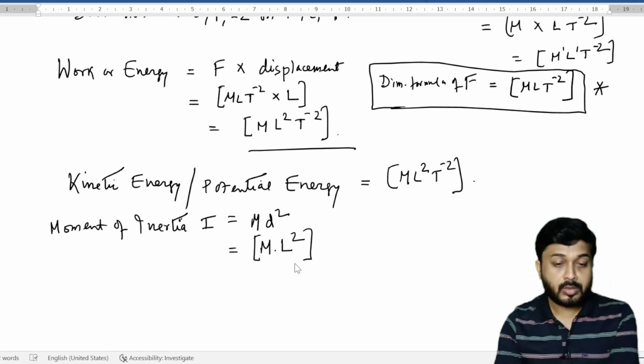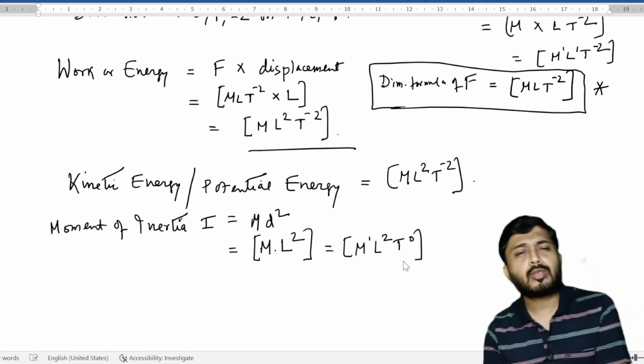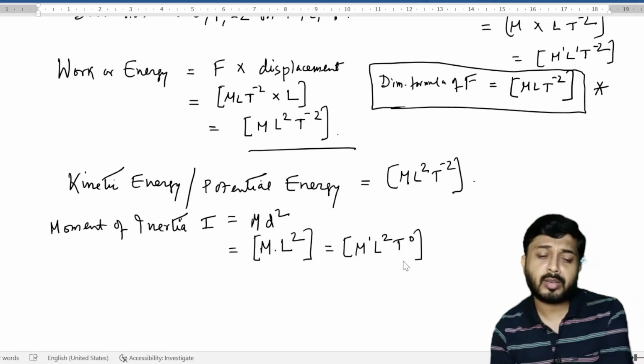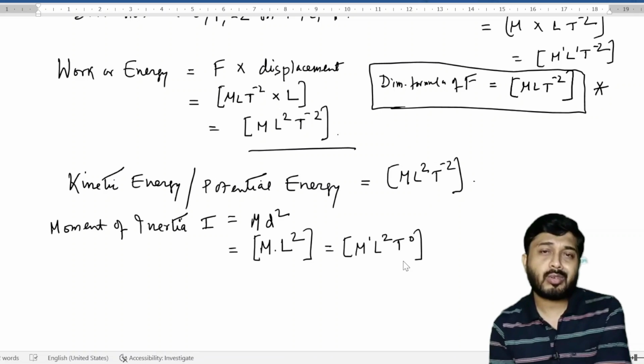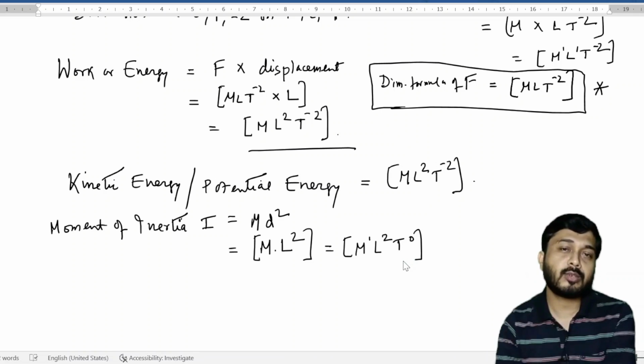Is it right? So you can simply write M to the power 1, L to the power 2, T to the power 0. Because I told you, if you want, you may write all these three fundamental quantities: mass, length and time. If time is not included in the dimensional formula, just write capital T to the power 0, right?